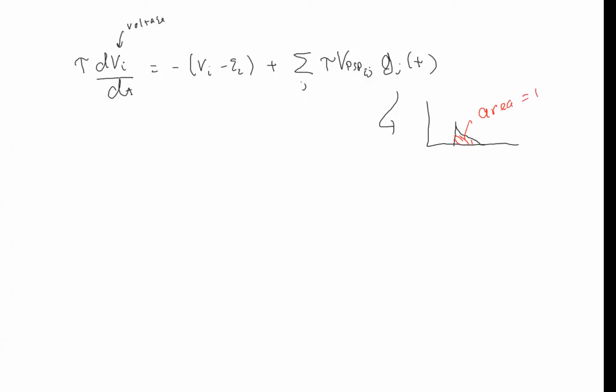Okay. In fact, to do the analysis, we said g_j of t equals the sum on μ delta of t minus t_j^μ. So this is time of μth spike on neuron j. Okay, so whenever neuron j spikes, you get this thing.